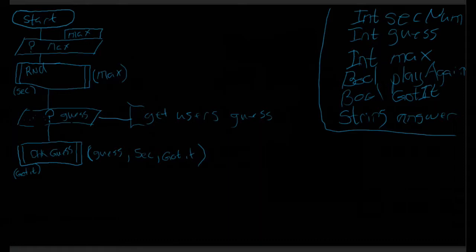And this is going to tell us if we've got the answer, right? So now all we have to do is put a little while in here. This is our do while. The actual do is up here, but the while, the condition's right here. And we're going to say, so if they haven't got it, we're going to say not, which is the exclamation point, got it.